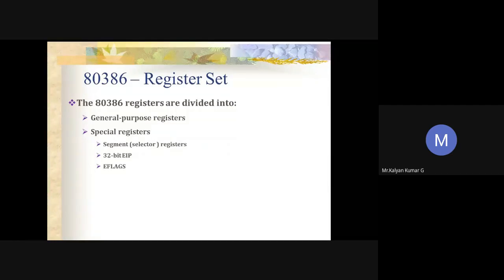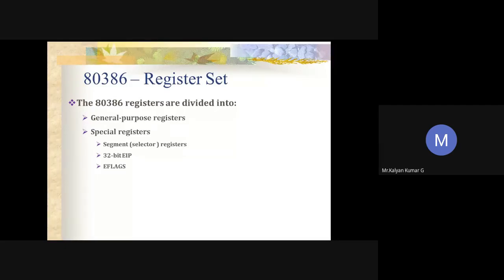What is the size of the registers available in 8086?